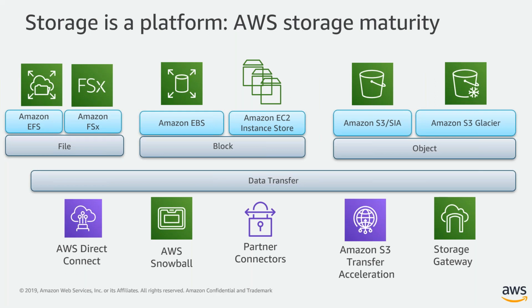There's also AWS Snowball and the Snow family, which comes in a few different flavors. This is basically a ruggedized storage device that gets sent from the AWS region to your facility, where you can plug it in and load up data locally, which you can then send to AWS.